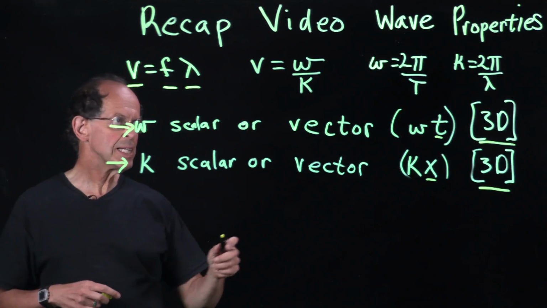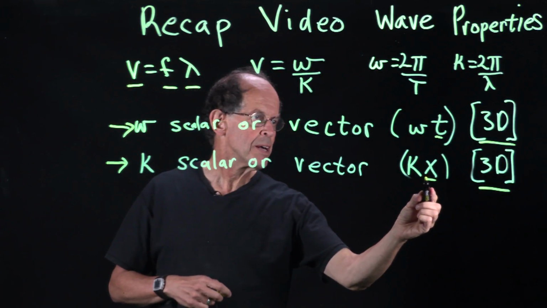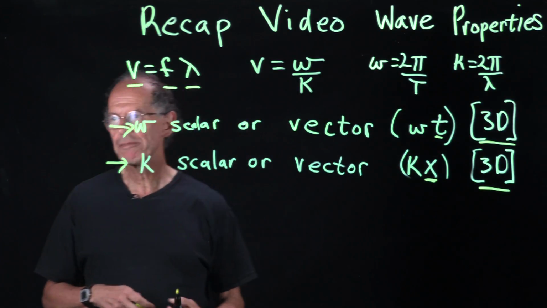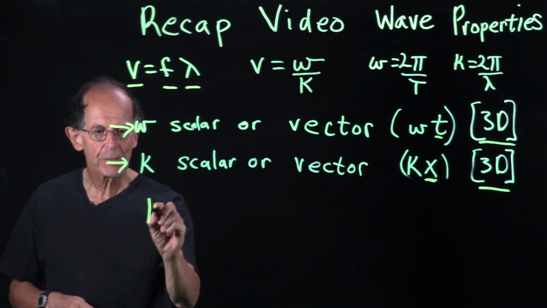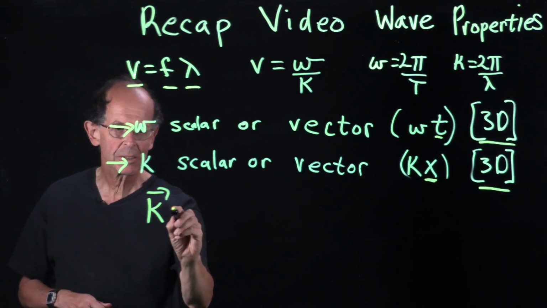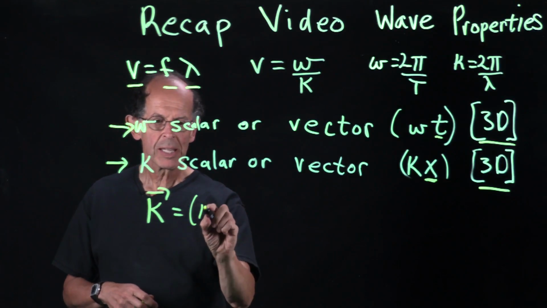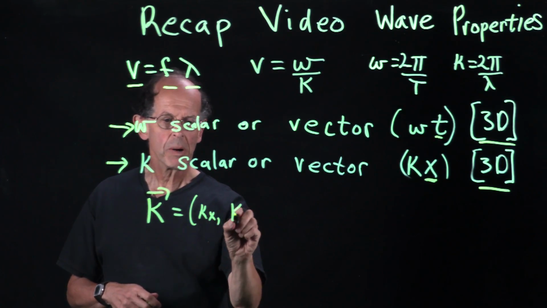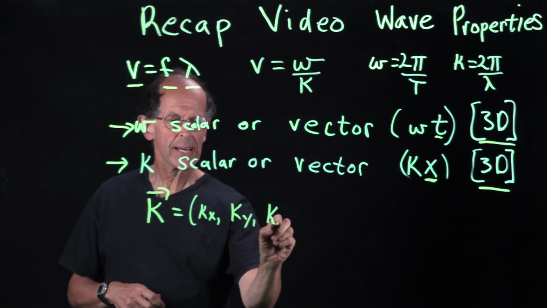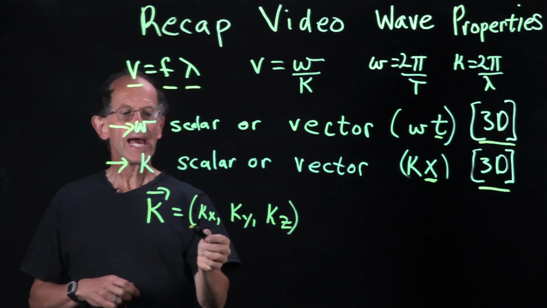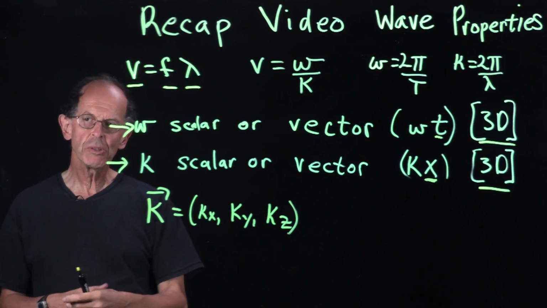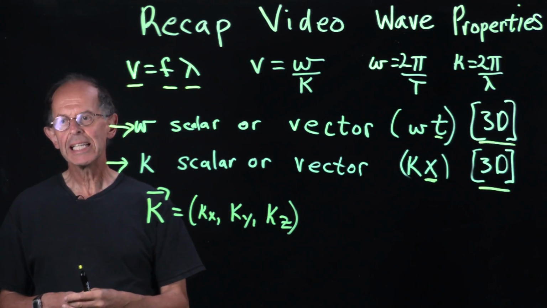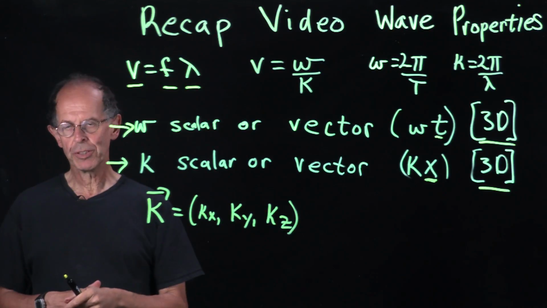In 3D, however, we have the possibility that we could have either x, y, or z. So actually in 3D, k will be a vector with components kx, ky, and kz. And these components represent the spatial wave density in each of the coordinate directions.